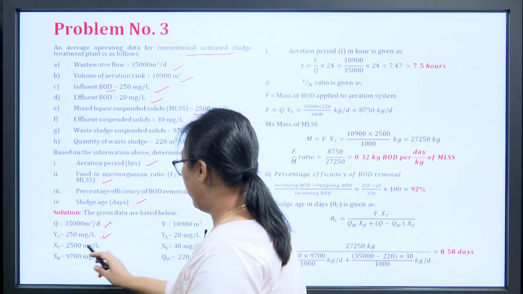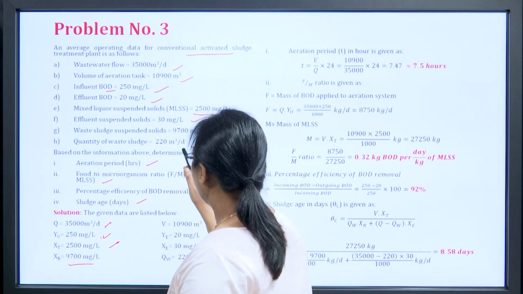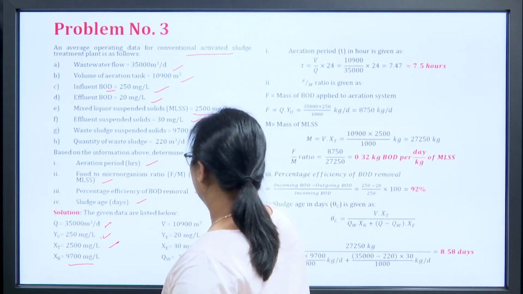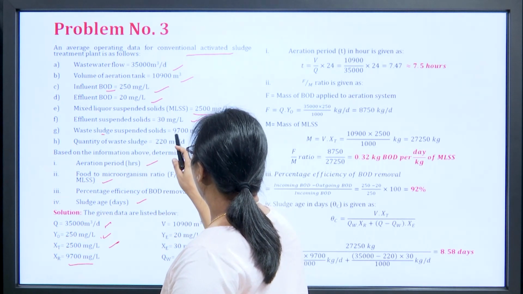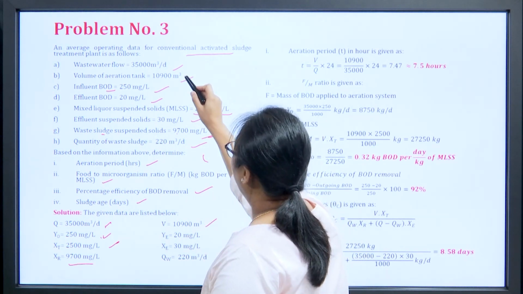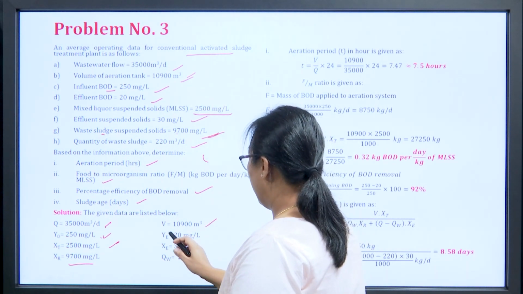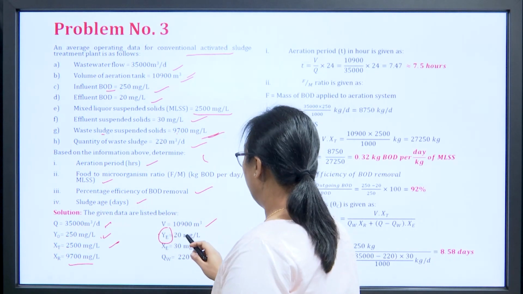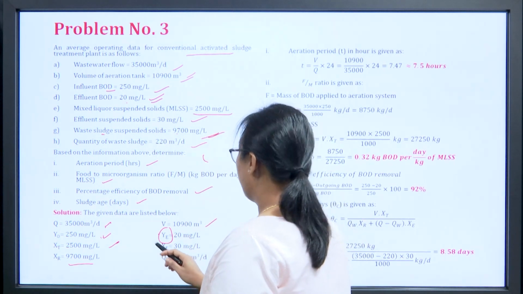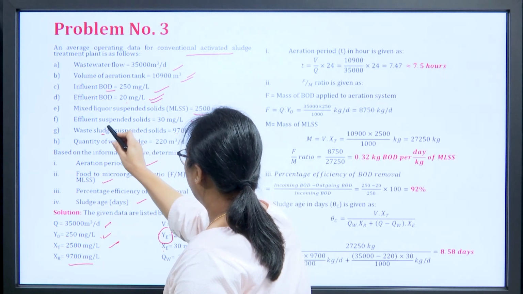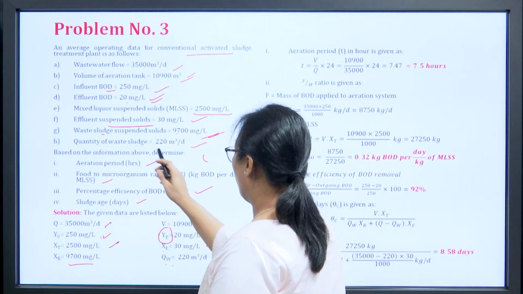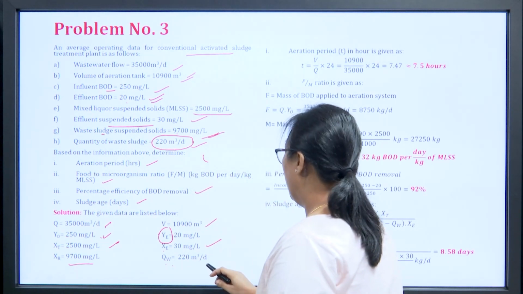So, 2500 milligram per liter MLSS, XR is the return sludge, right, here waste sludge suspended solids 9700 milligram per liter, volume is V equal to 10,900 here, Y E, when Y comes it is BOD. So, effluent BOD is 20 milligram per liter, XE effluent suspended solids 30 milligram per liter, and QW, that is the quantity of waste sludge, that is 220 meter cube per day.